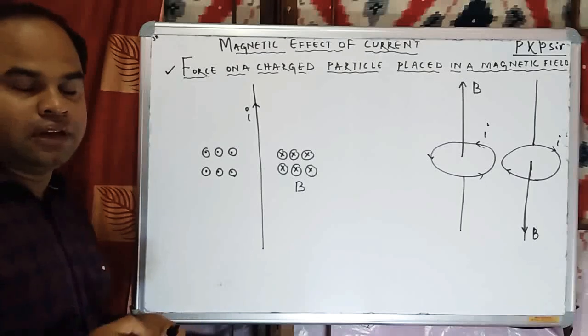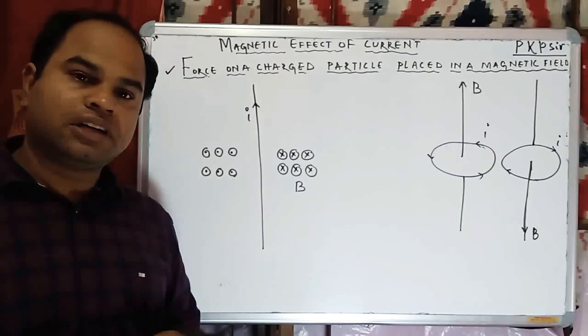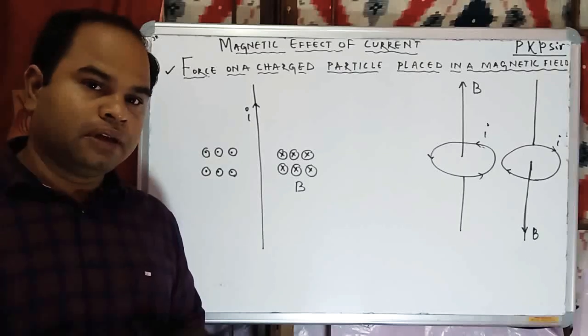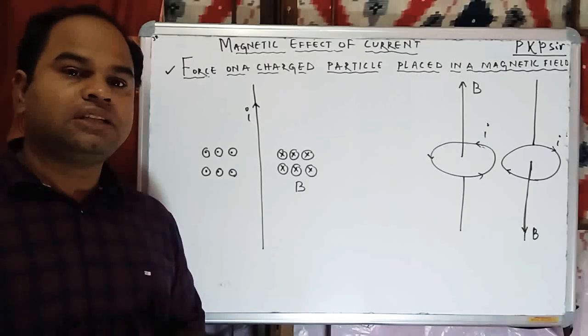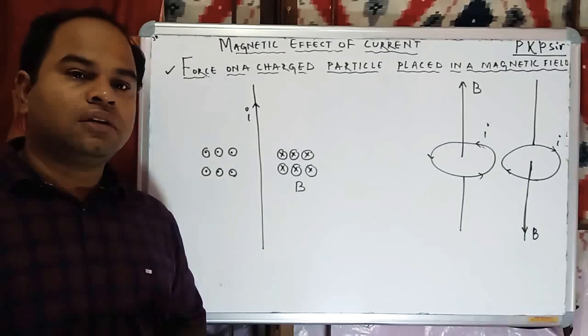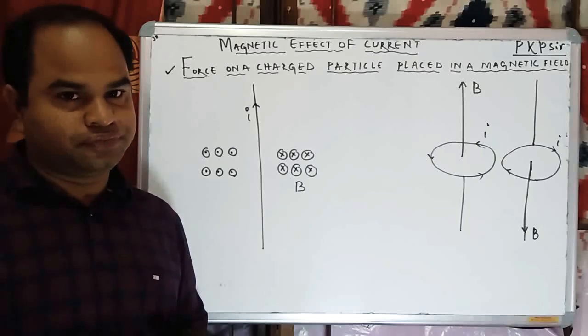Okay. Similarly, if there is a circular current carrying conductor, the magnetic field is straight, that is along the axis of the circular current carrying conductor.